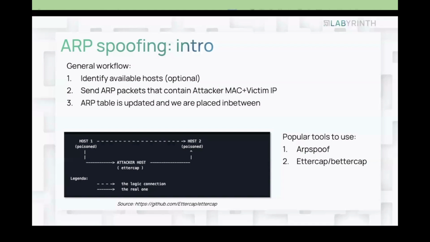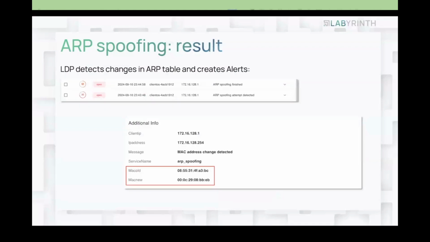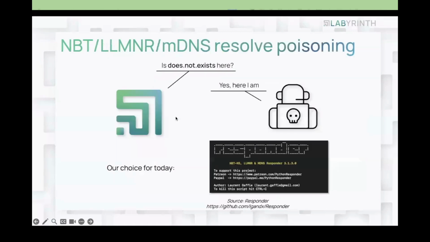We have gotten our results, and I believe that we can proceed. Okay, next we have some resolve poisonings here. This is also an interesting thing. As I said earlier, those protocols are configured separately.